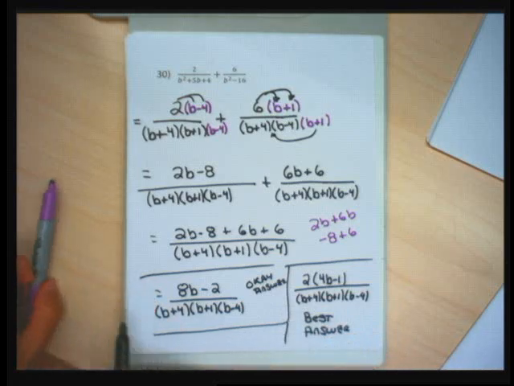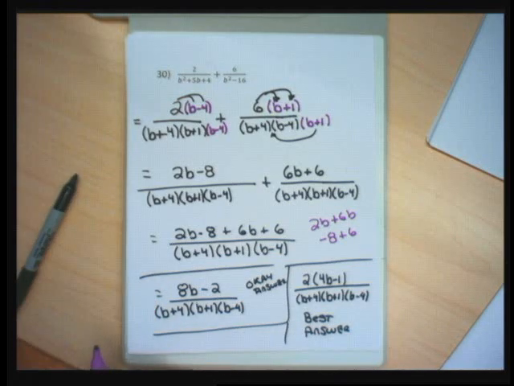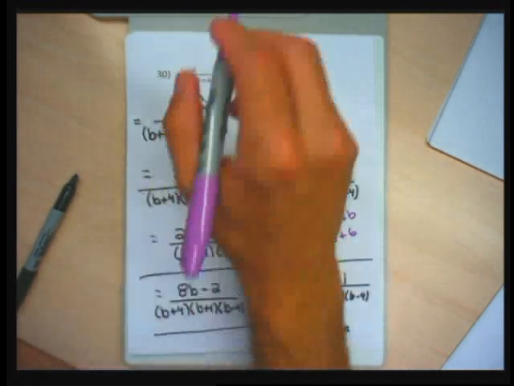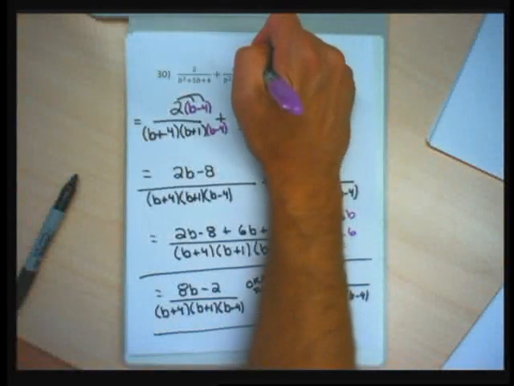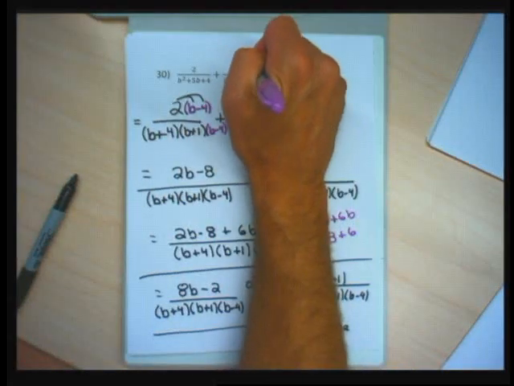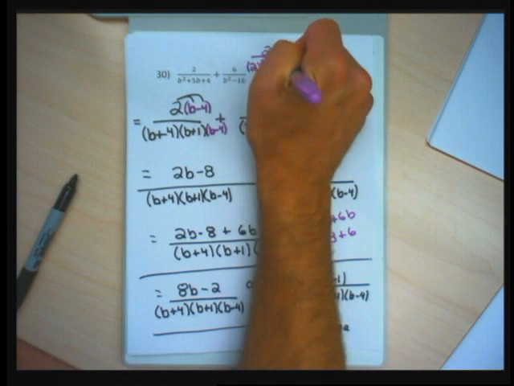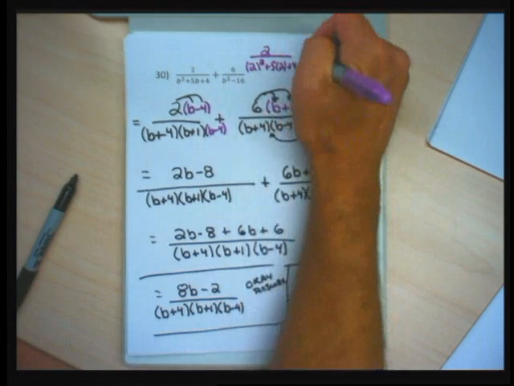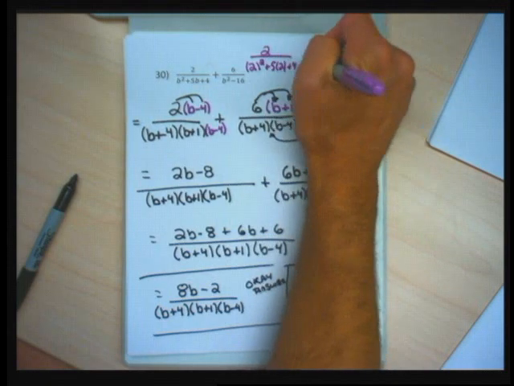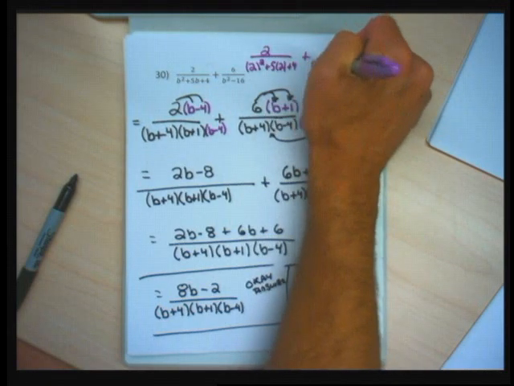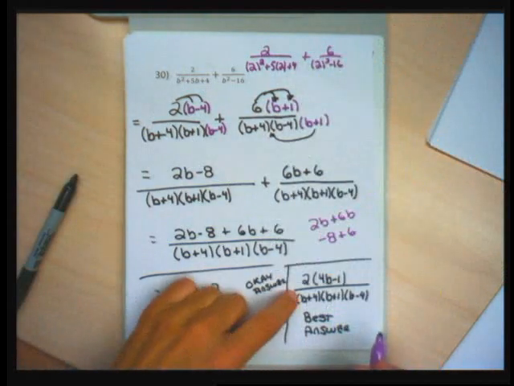Complicated enough that I should check, and 2 is fine because 2 isn't going to make any zeros. So I'm going to go 2 over 2 squared plus 5 times 2 plus 4 plus 6 over 2 squared minus 16. And I'm going to jam a 2 in here.